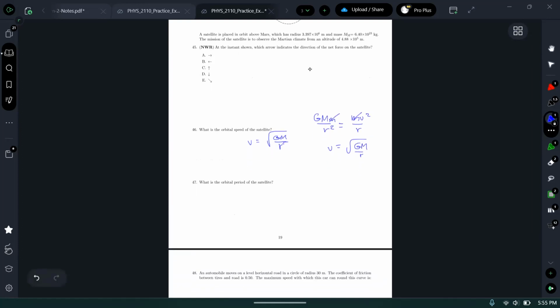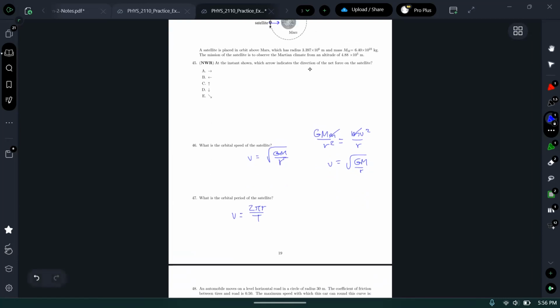Then, once you know that information, 47, you can just remember that that speed can also be written as circumference over period, the time it takes for one orbit. And so the period is 2 pi r over that speed. If you wanted to do it in one shot without doing number 46 first, you would just sub in all of this stuff right here for v.